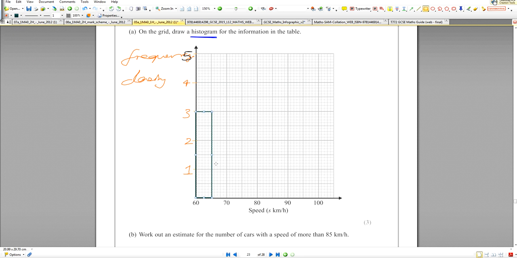Okay, that's better. That's lovely. Are we happy with that? Is that right, folks? The next one is 65 to 70, and that has a height of 5. Let's change color again. 5 is up here.